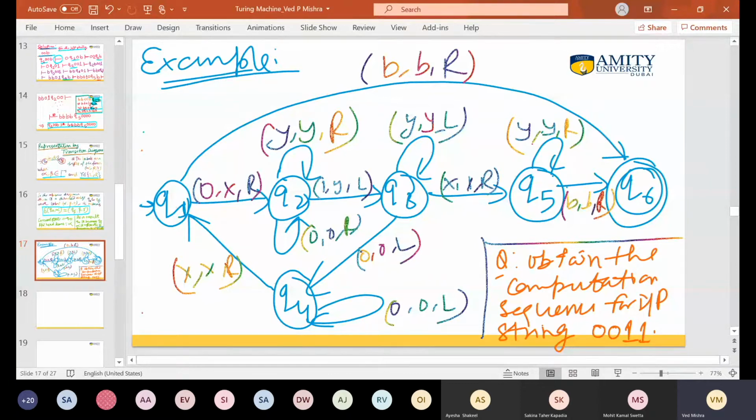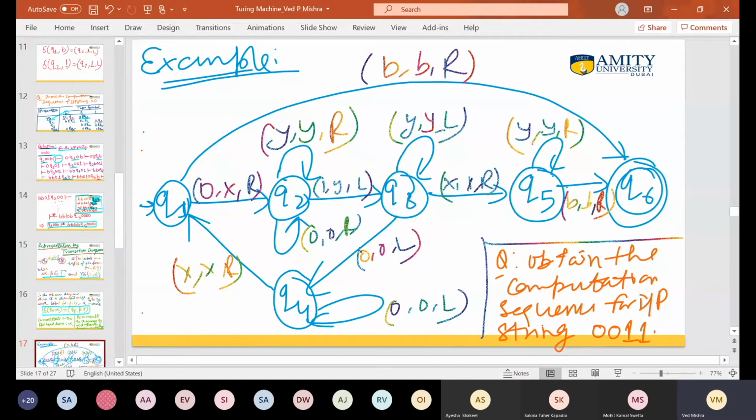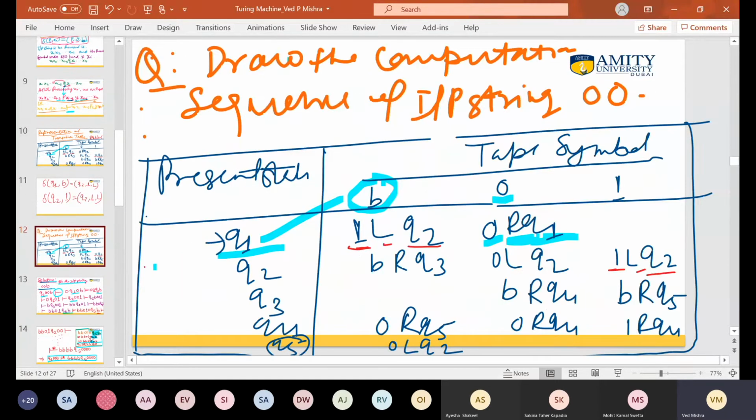Yesterday we did one example, but that we did with a transition table. The format of the transition table and the transition diagram is different. Here in the transition diagram, the R is at last, means the direction is at last.